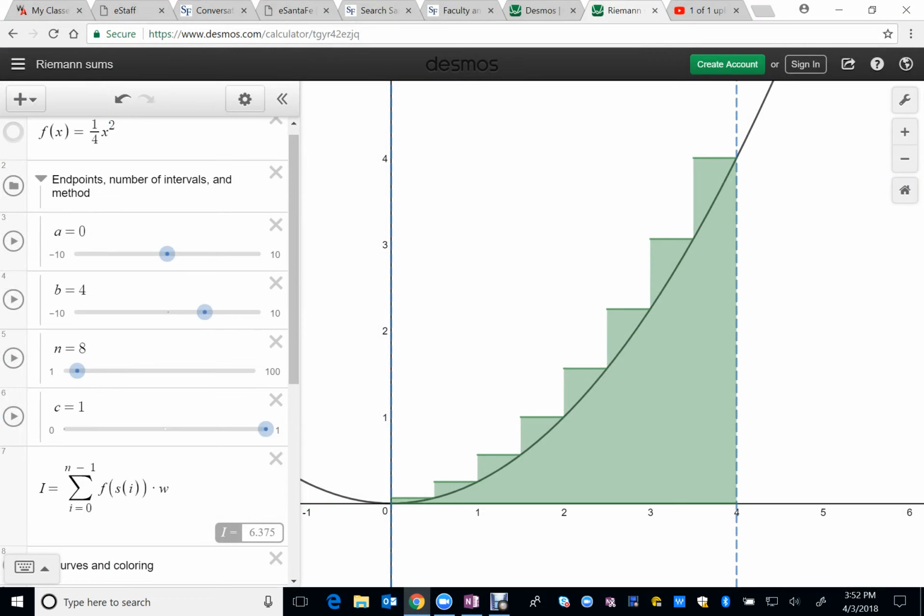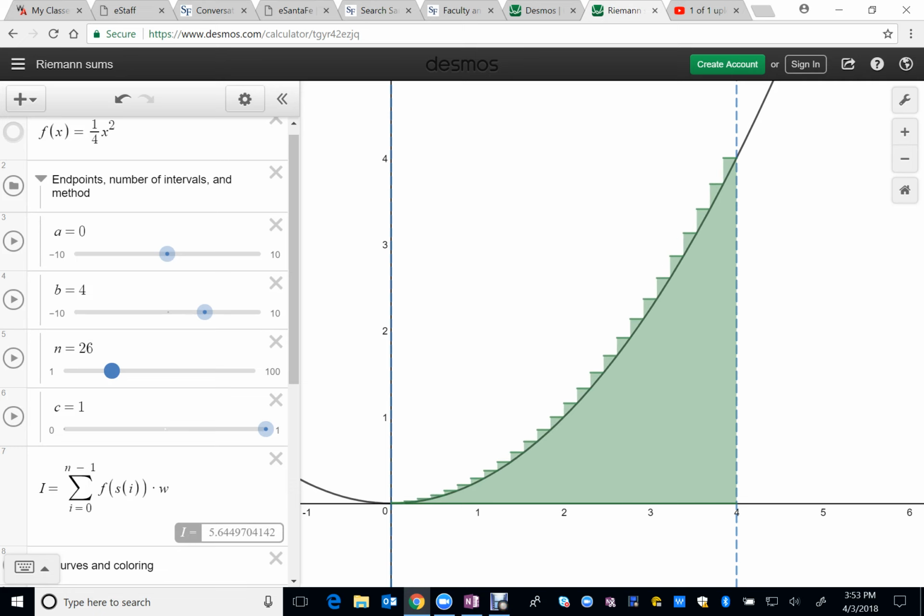So here I am in Desmos with my graph. And again, this slider here controls the number of rectangles. I have 8 rectangles. And look closely at the graph as I produce more rectangles. Notice there's less extra on top.